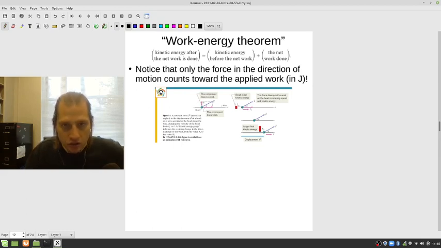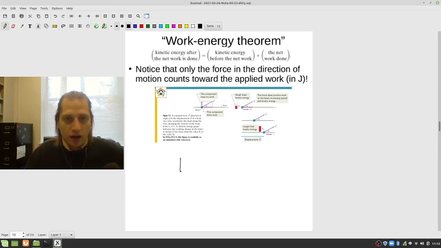And just to make it clear, here's a nice example from your book where if you're pulling, for instance, a bead along a wire, only the component of the force that is actually along the direction that you're causing the acceleration is doing work. So if you're just pulling up and the wire is pulling back, you're not going to change the speed of the bead. So it's only the force that's in the direction that can change it that matters.